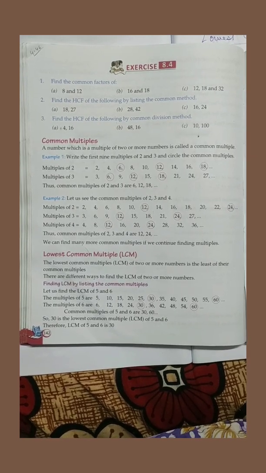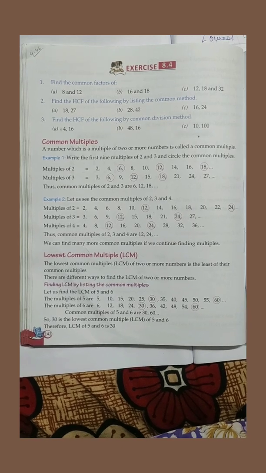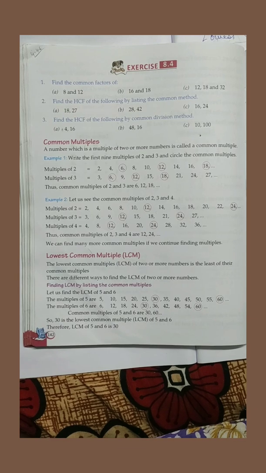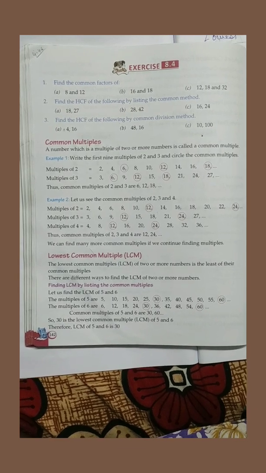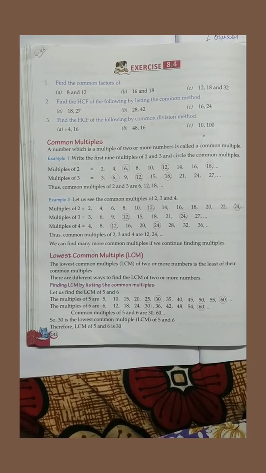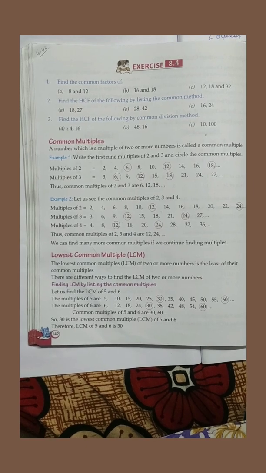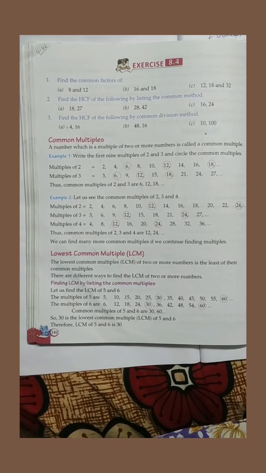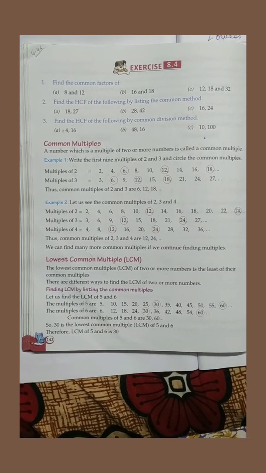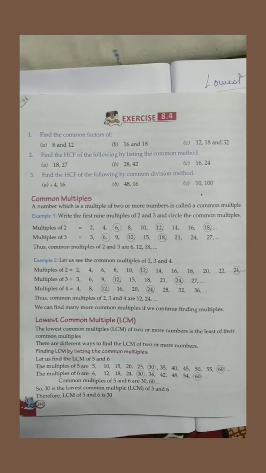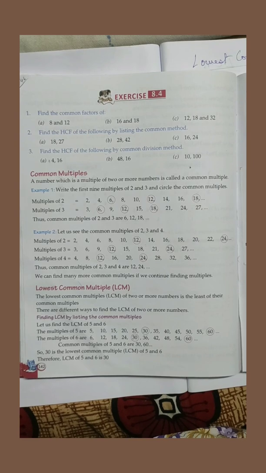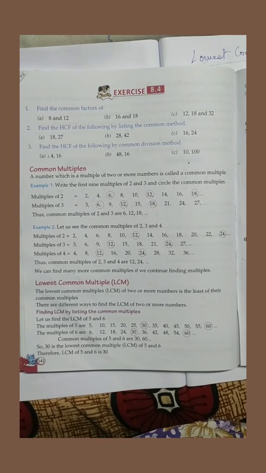Let's see example 2. The multiples of 2 are 2, 4, 6, 8, 10, 12, 14, 16, 18 and so on. Multiples of 3 are 3, 6, 9, 12, 15, 18, 21, 24, 27 and so on. The multiples of 4 are 4, 8, 12, 16, 20, 24, 28, 32, 36, and so on.